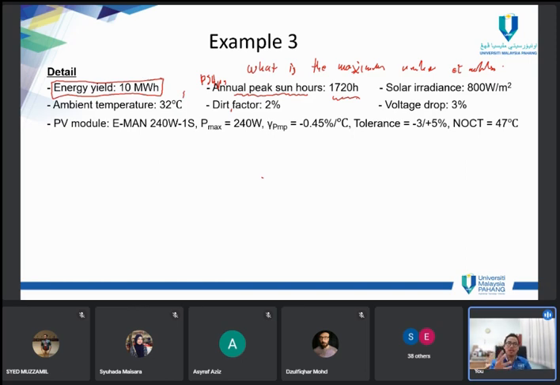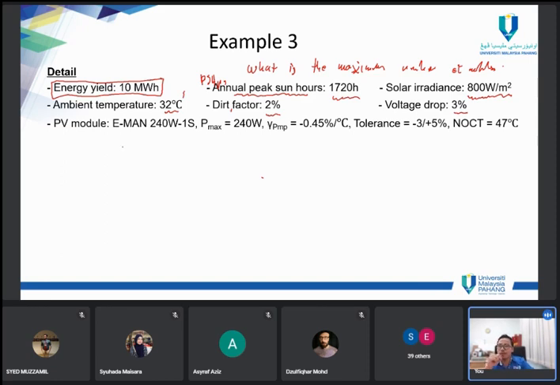And then solar irradiance is given. The instantaneous solar irradiance given is the expected, maybe overall average irradiance, typical way. We don't assume 1,000, we just put 800. There's a use for that. And then the ambient temperature is given, 32 degrees C, and the dirt factor is given as 2%. Voltage drop is given as 3%.